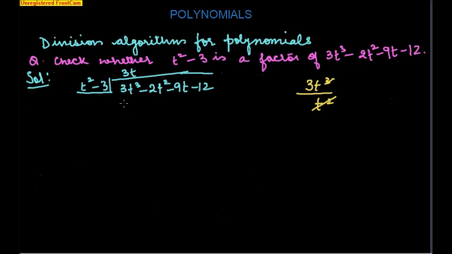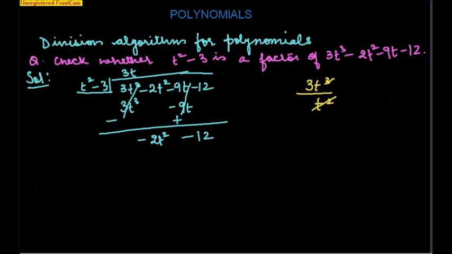Multiply 3t by t square, we get 3t cube, and when we multiply 3t by minus 3, we get minus 9t. I change the sign and I cancel it. I write the term with the highest power first. This gets cancelled and minus 12 comes down.